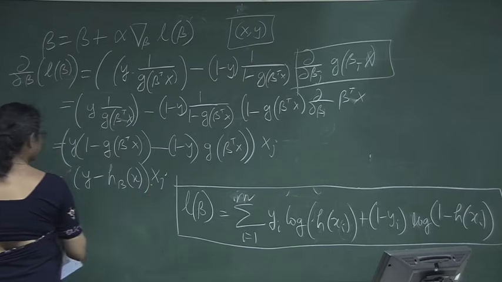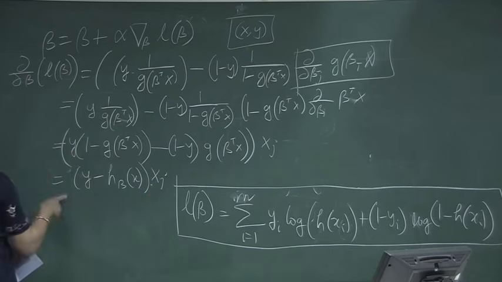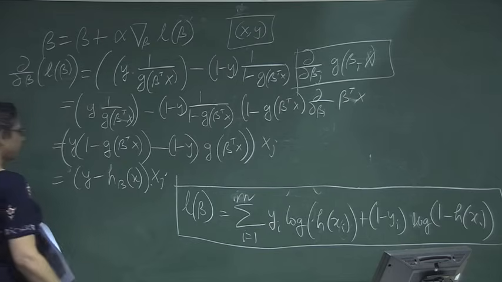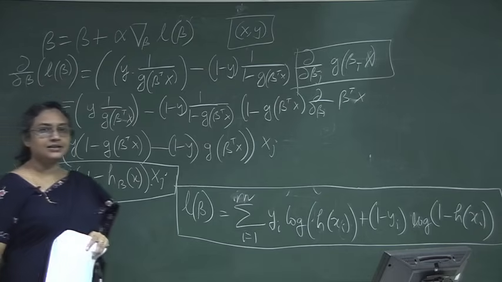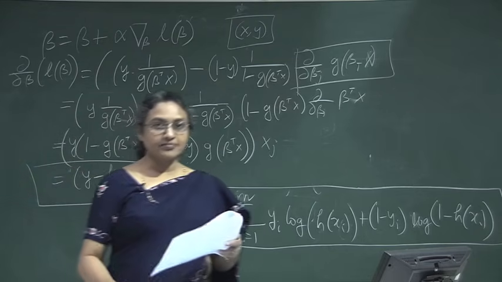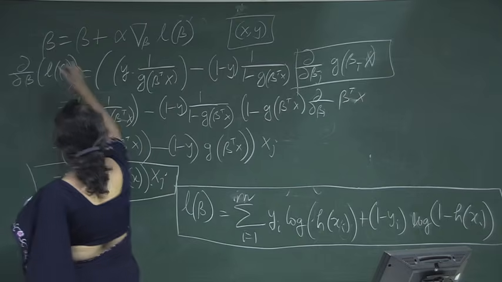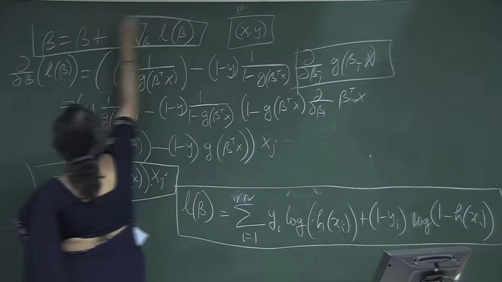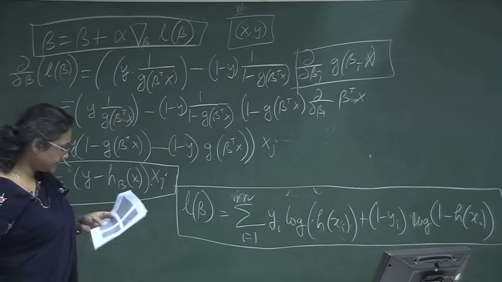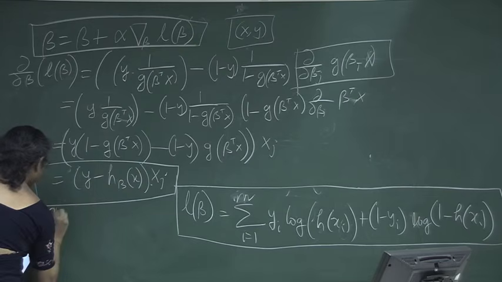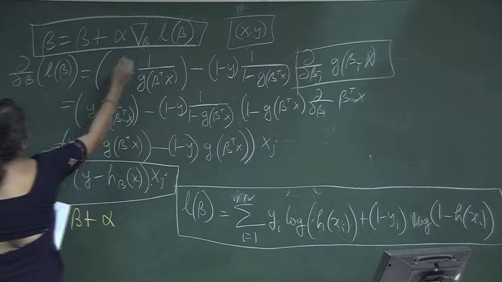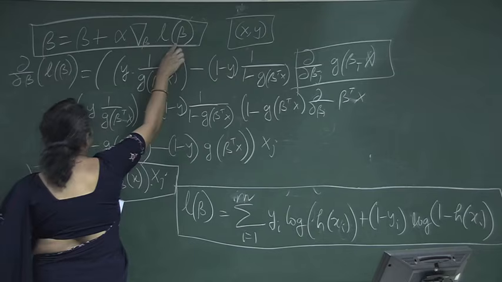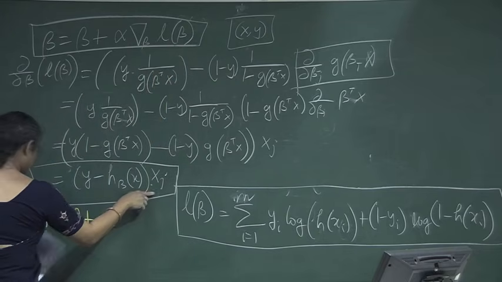So, upon simplification, we get this as the partial derivative of the log likelihood of beta: (y minus h_beta(x)) times x_j. So, plugging it into this formula here, what we get finally is beta equal to original beta plus alpha times the partial derivative of l(beta), which we get as this.